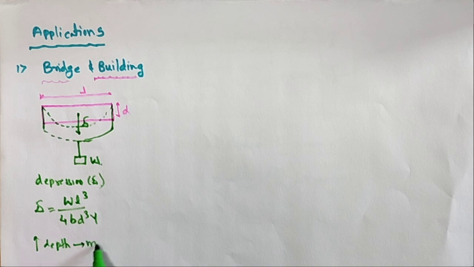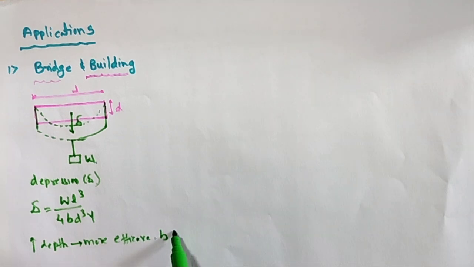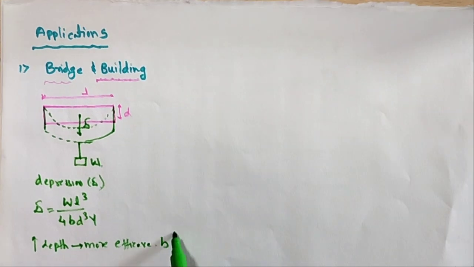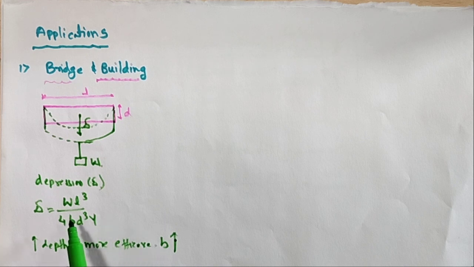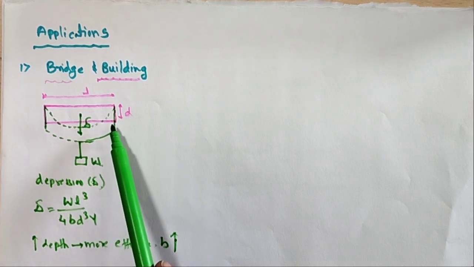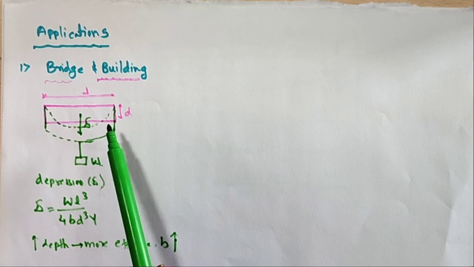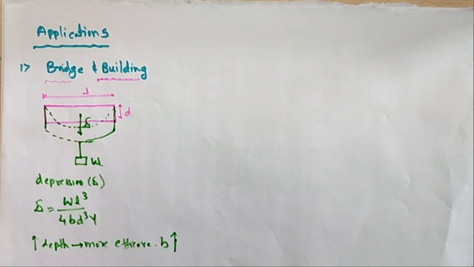Increasing depth is more effective than increasing breadth. This is very useful in the construction of bridges and buildings. By using this formula, when the depth is made larger, the bridge does not bend much.